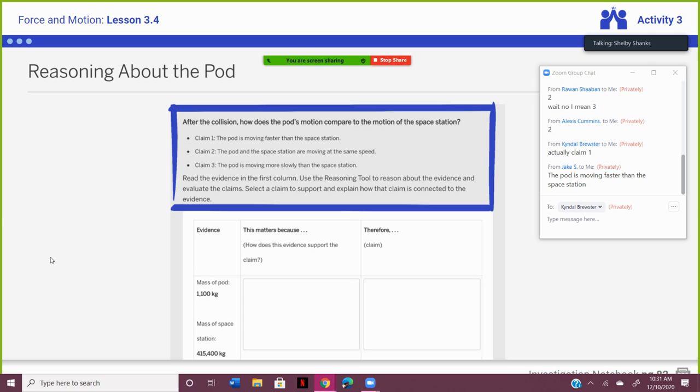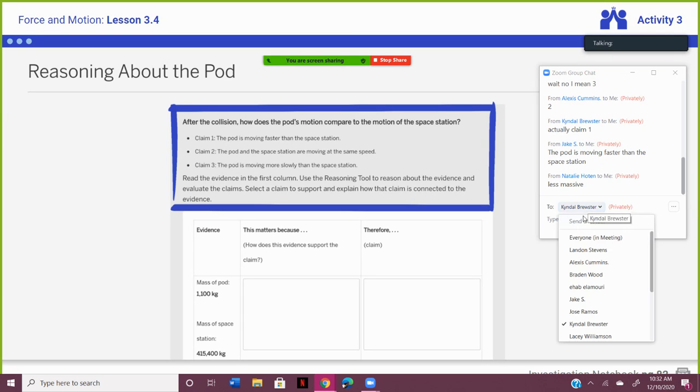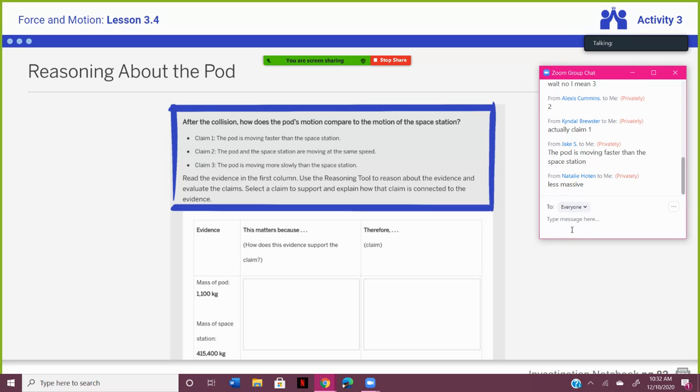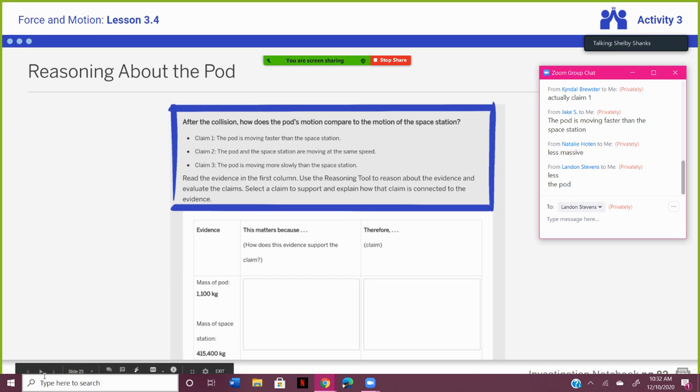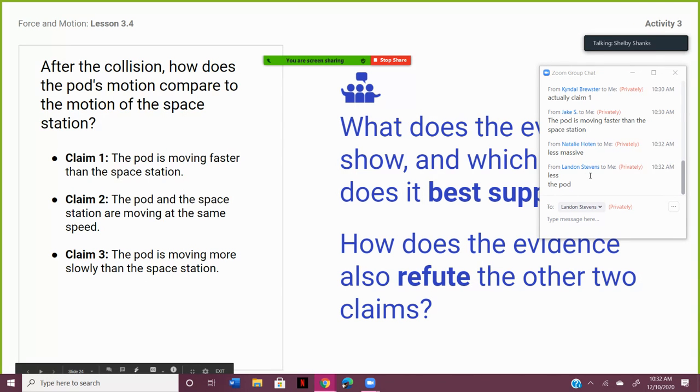The less massive or the more massive thing? Natalie said the less massive thing. So which one is going to experience the greater change in velocity? Which one's going to bounce off faster? Right, so the pod. That's what some people are saying to me, the less massive object.